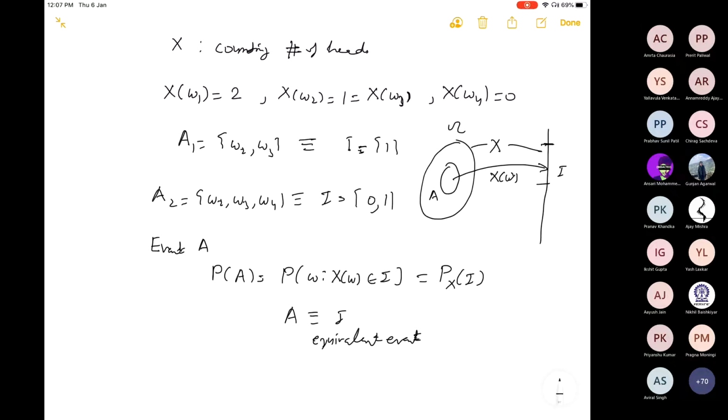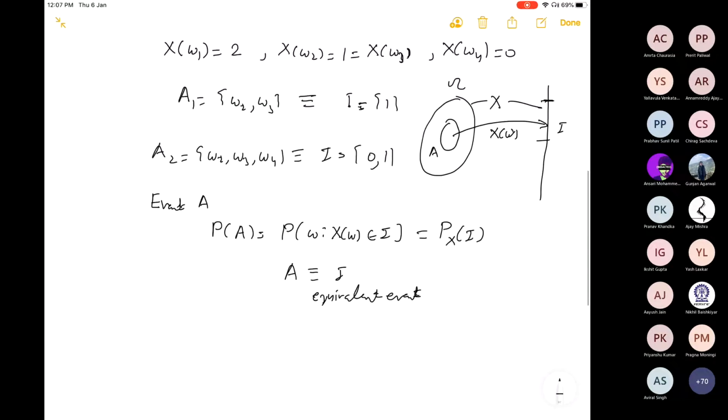Okay, so using this, we can see easily that this assignment is meaningful. Excuse me, sir, what does I represent here? I is some event in the real line.